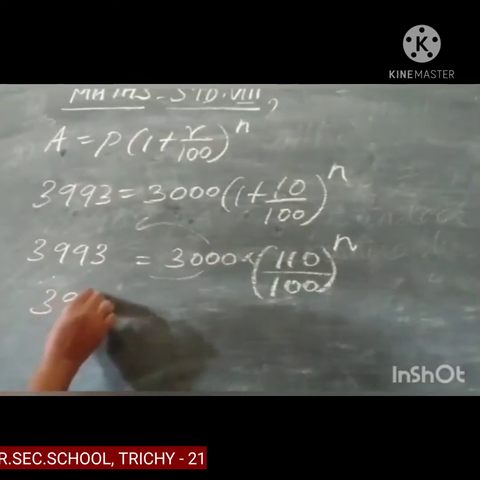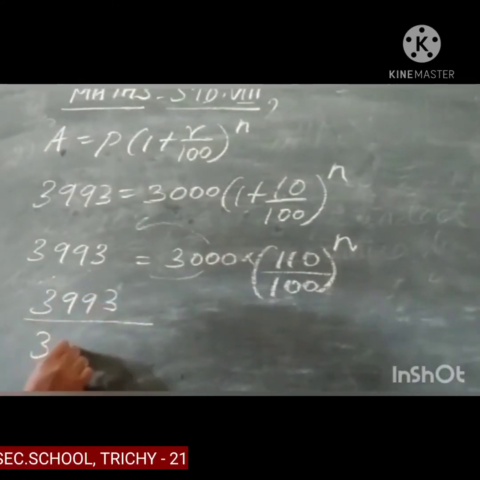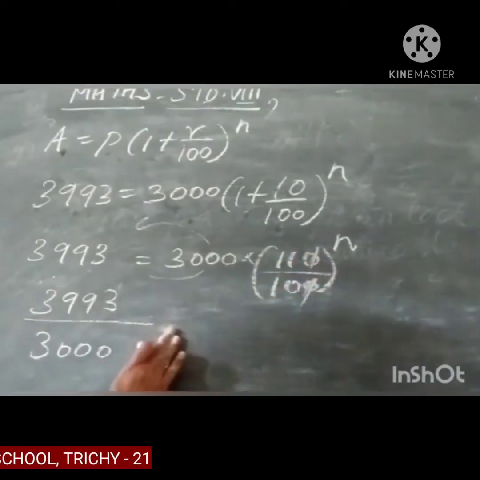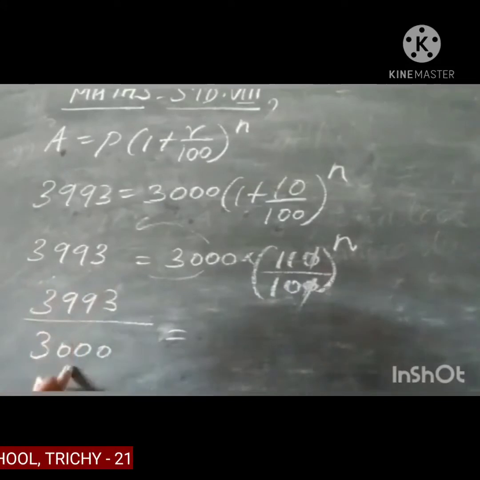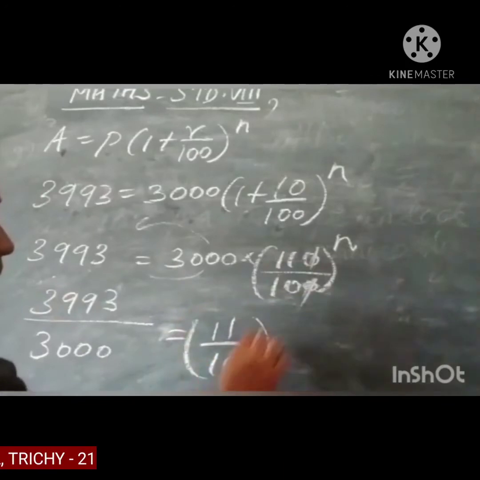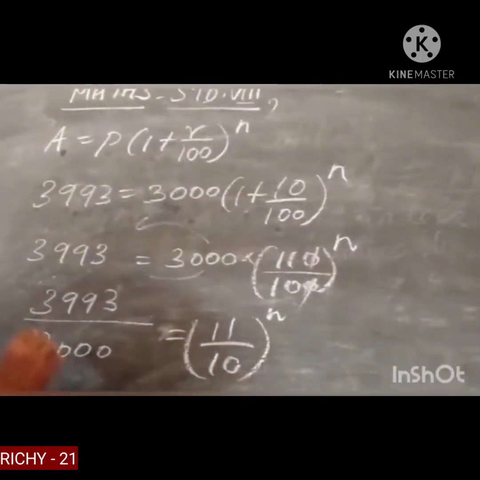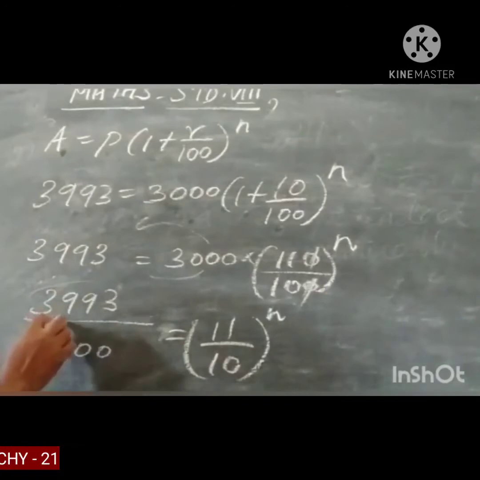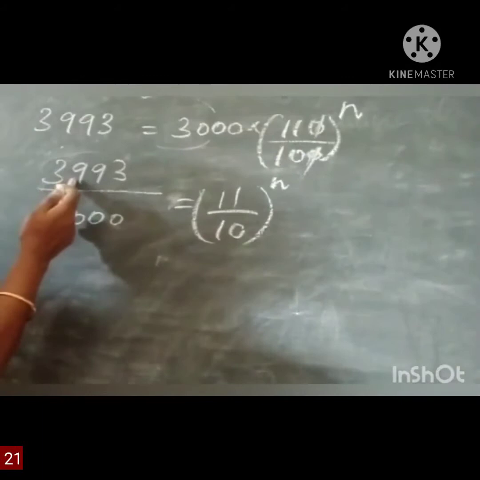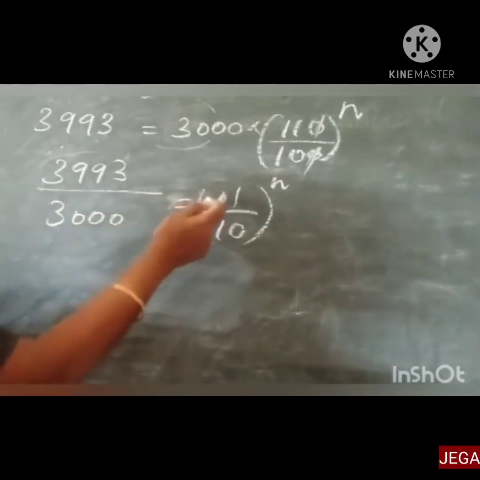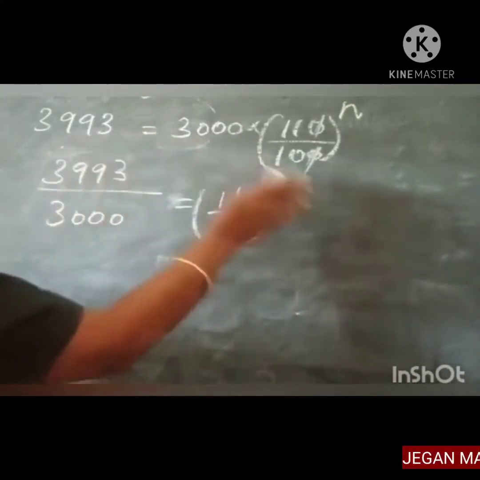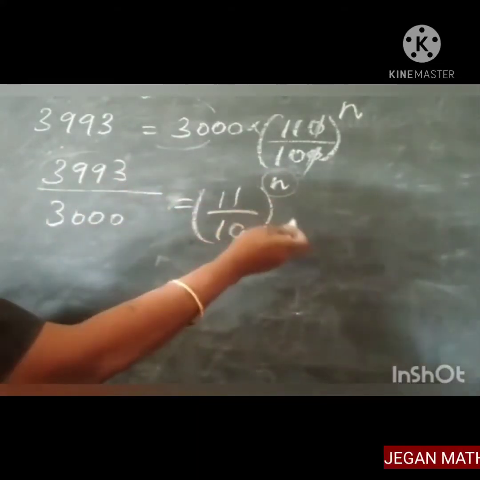So you can transfer this 3000 to the left hand side. 3993 divided by 3000, into 110, just cancelling the 2, equal to 11 by 10, the whole power n. You have to find out the value of this, 11 cube. You just transfer this from the left hand side to the right hand side.